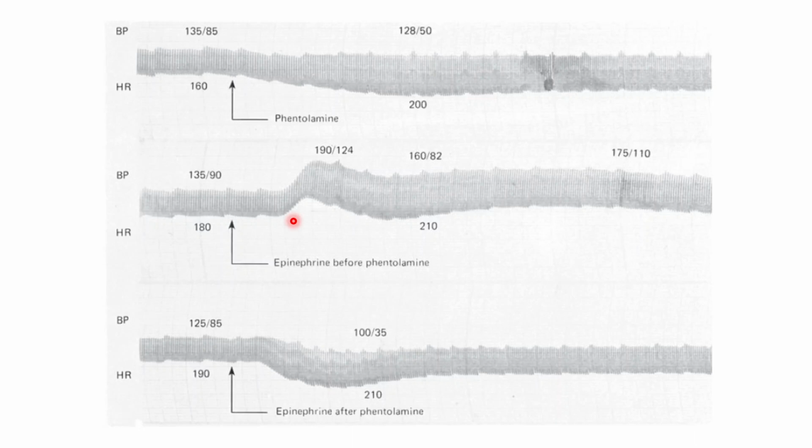Pheochromocytoma is sometimes treated with metyrosine, the alpha-methyl analog of tyrosine. This agent is a competitive inhibitor of tyrosine hydroxylase, the rate-limiting step in the synthesis of dopamine, norepinephrine, and epinephrine.